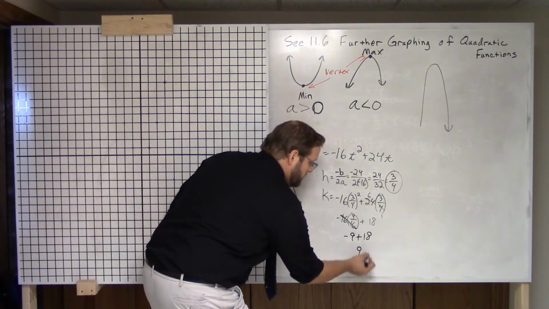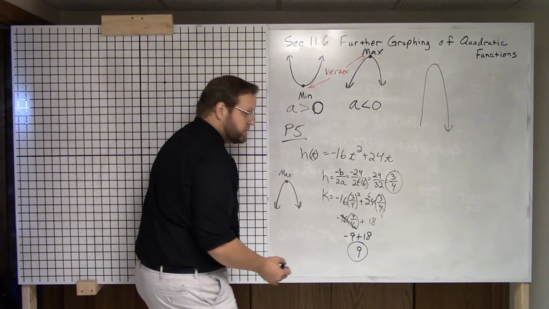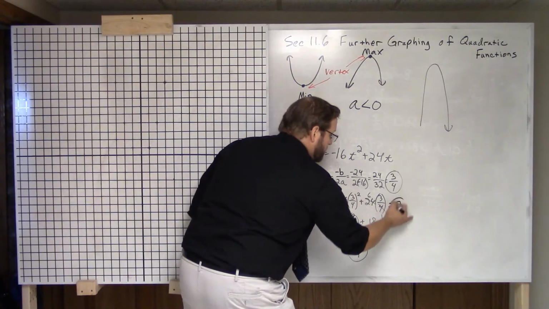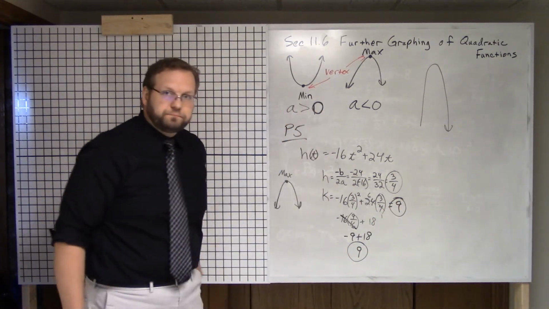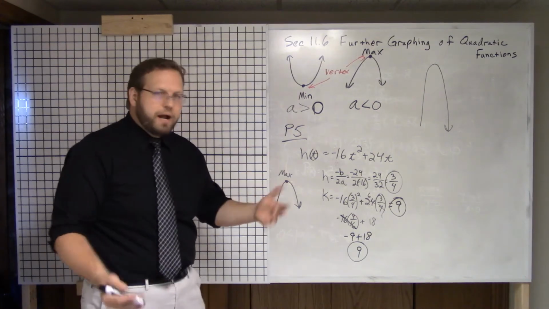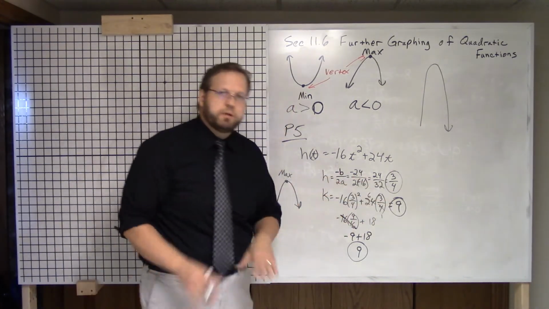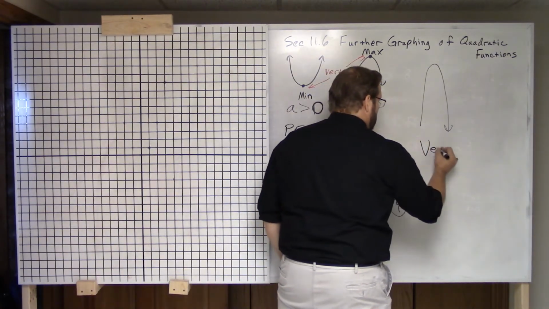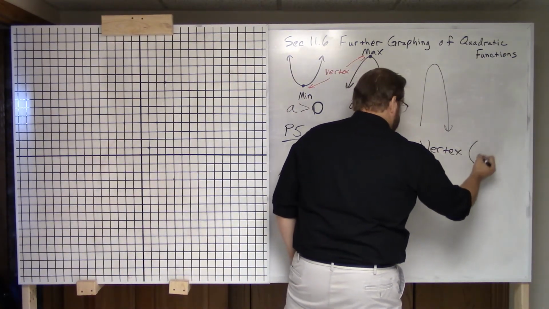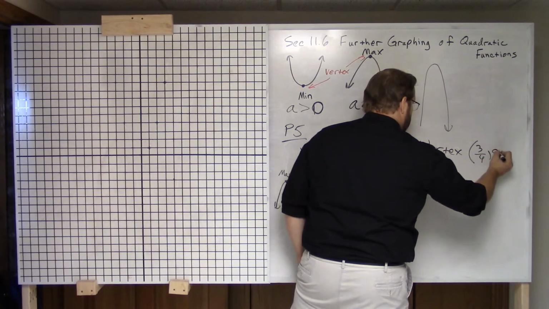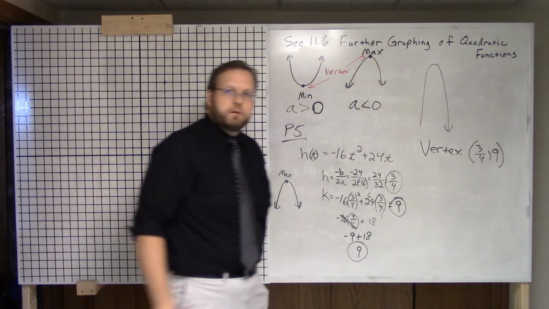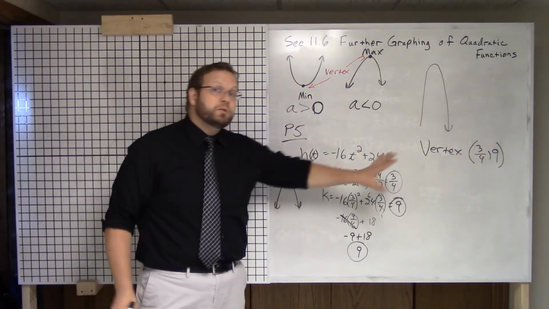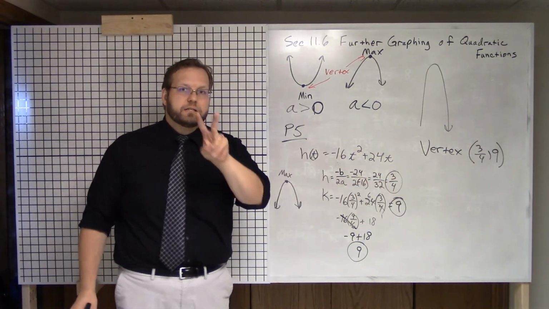That gives you 9. So we have a K value of 9. If we were graphing, we would say this goes to the right, that goes up. But what we care about now is that the vertex is 3/4, 9.